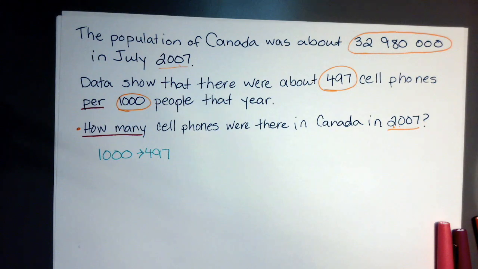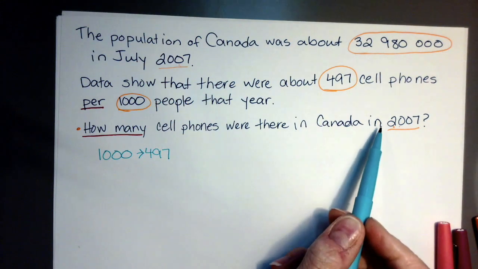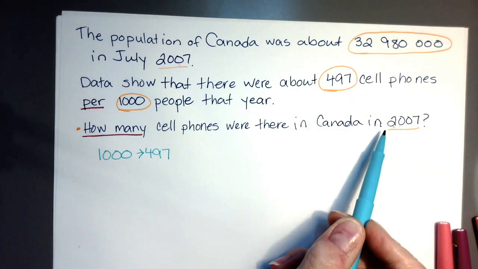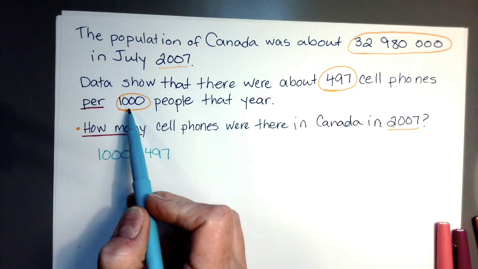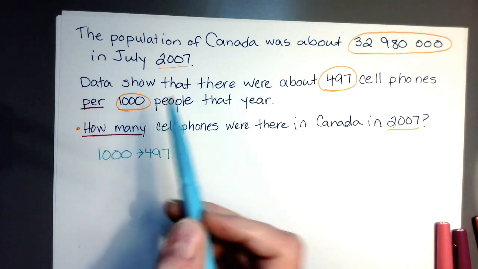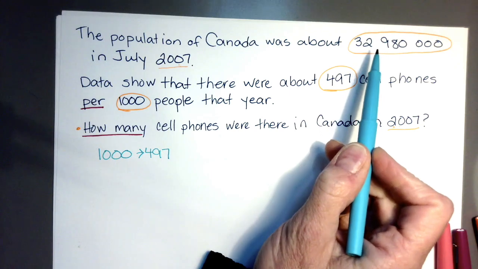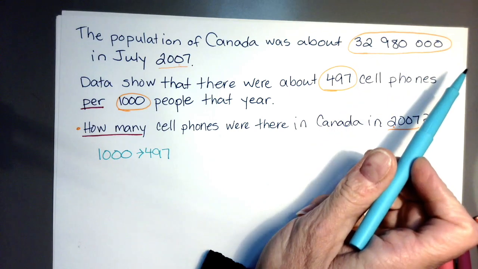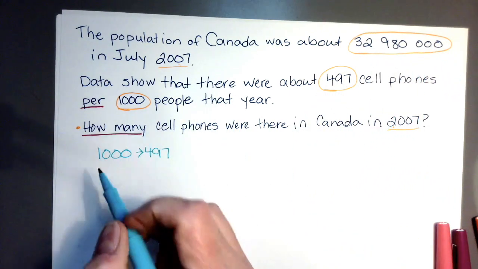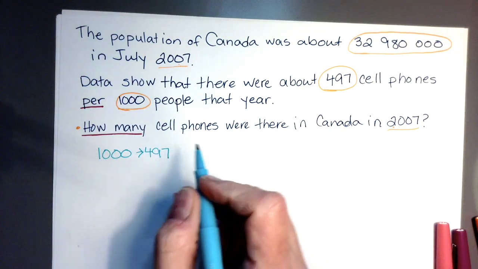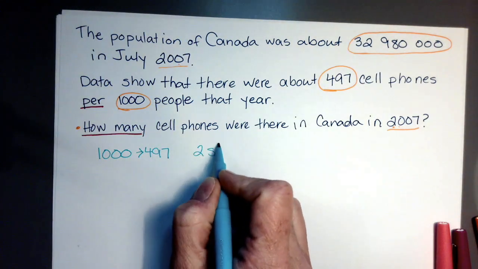But we don't have enough information with just that to say how many cell phones there were altogether in Canada in 2007, because there's a lot more than 1,000 people in Canada, right? Up here we know there's 32,980,000 people in Canada. So I think this word problem is going to require 2 steps to solve it.